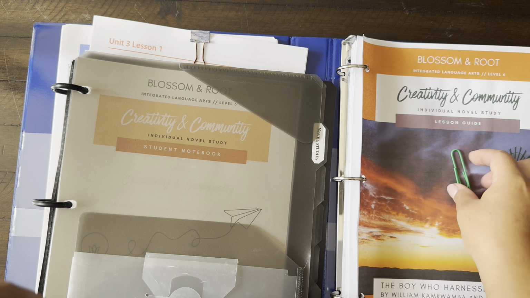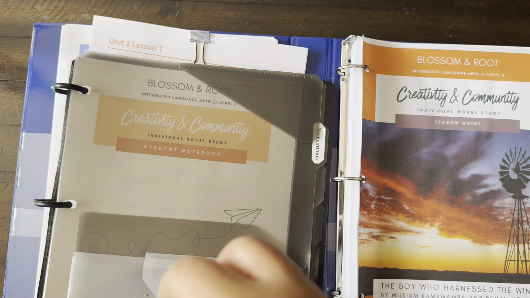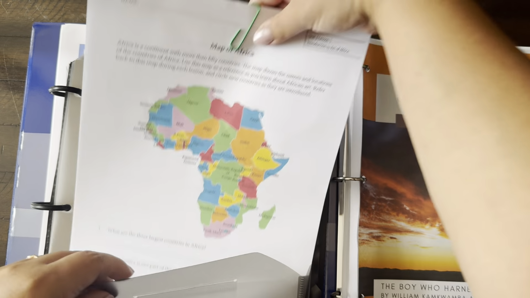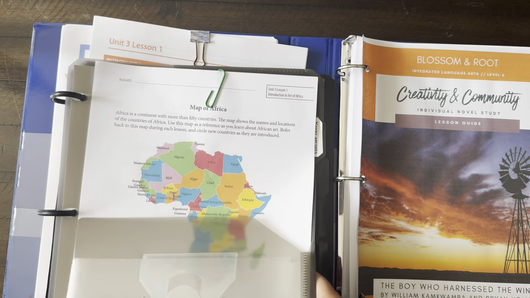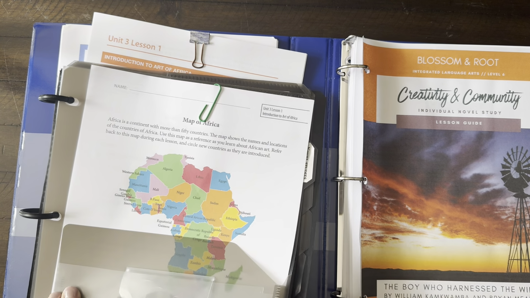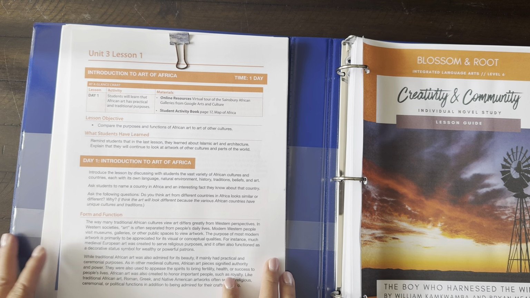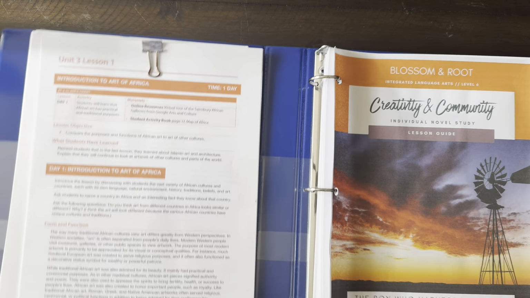And now the next thing I'm going to be showing is Ancient Egypt and what materials I'm using for that. And I am including Ancient Egypt in this because, first of all, I didn't cover it last year, so we are starting off with that. But of course, Ancient Egypt is a country in Africa, so I thought, hey, this is going to work well together.